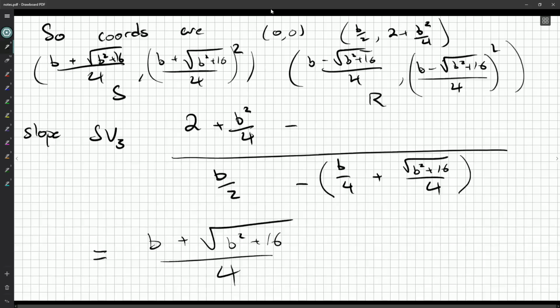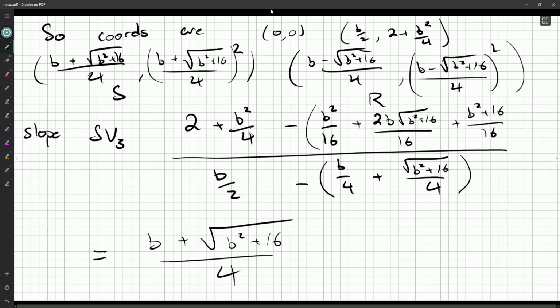Okay, so b squared over 16 plus 2b square root of b squared plus 16 all over 16 plus b squared plus 16 all over 16. Okay, we can clean up the 2, and that's a 1, so that goes away.